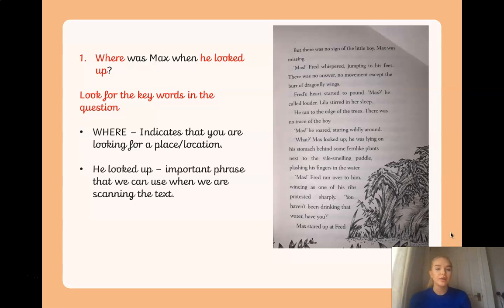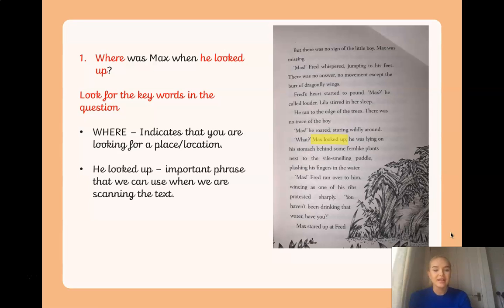So I've just zoomed you into the page that would find the answer on, and I want us to have a go at scanning the text to see if we can find the phrase "he looked up," and also read backwards and forwards around those keywords to try and find a where, a place, a location. Can you pause the video and do that now, please?